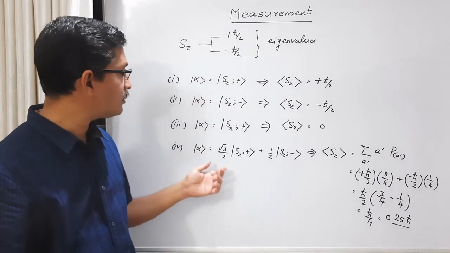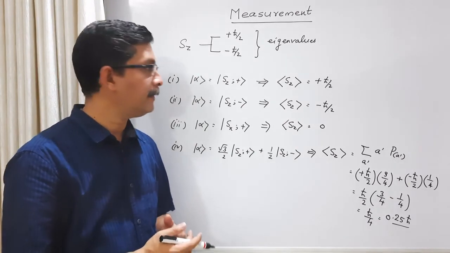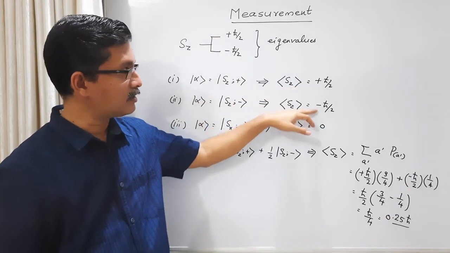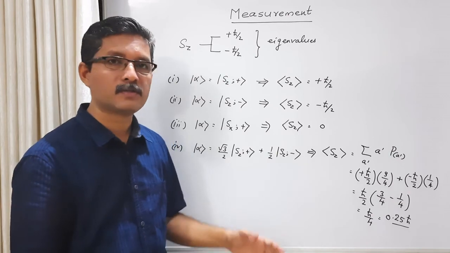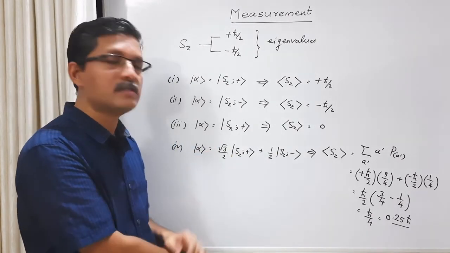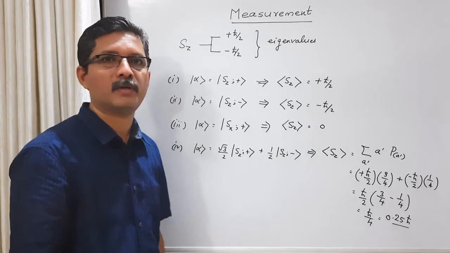So depending upon the initial state in which you make the measurement, the average value can be any real number between plus ħ/2 and minus ħ/2. Here it is 0, here it is 0.25 ħ. If you tune the initial state, you will get any real number between plus ħ/2 and minus ħ/2.